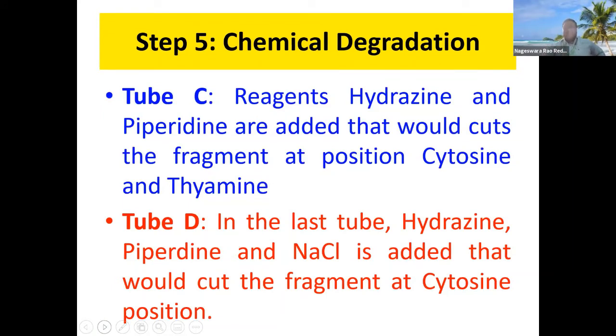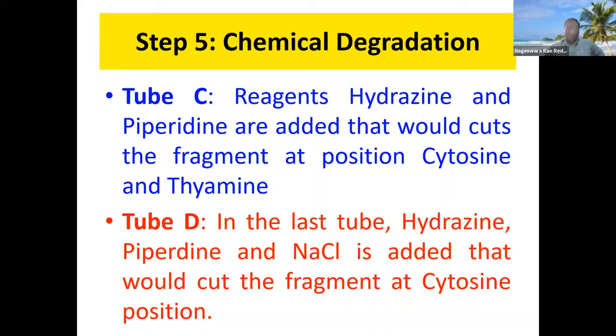Tube C: here the reagents hydrazine and piperidine are added, which cut the fragment at cytosine and thymine. Now take tube D. In this we add hydrazine, piperidine, and NaCl, and only cytosine positions are cut.